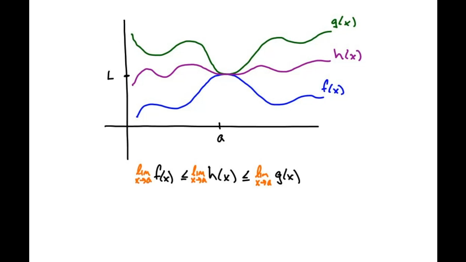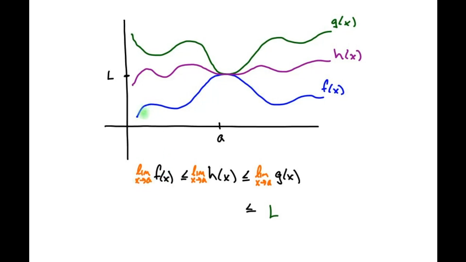Now maybe we don't know anything about h of x beside it being between f and g, right? But maybe we know a whole bunch of stuff about f and g, specifically how to evaluate the limit as x approaches a there. We can see the limit as x approaches a of g of x is particularly L. That's exactly where it runs into.